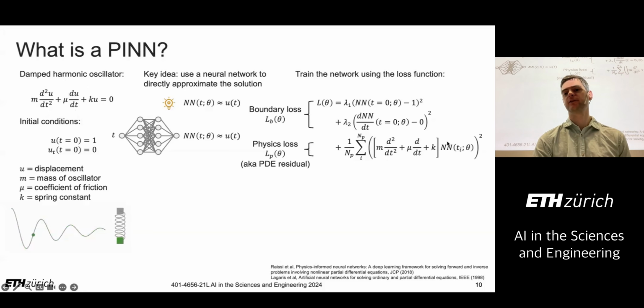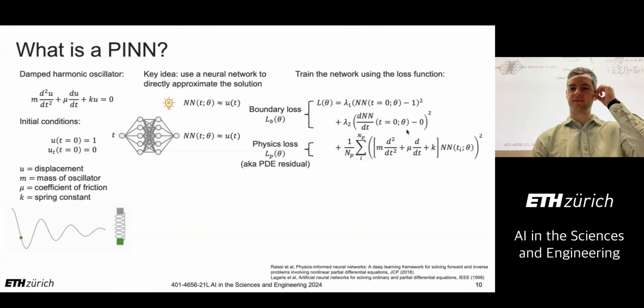And if this is a true solution of the differential equation, what is the value that we expect this to be? If the neural network is a true solution. Yes, 0. That's what the differential equation says. So we try and make sure that this residual is as close to 0 as possible. And if it is, then the neural network is giving us a true solution.